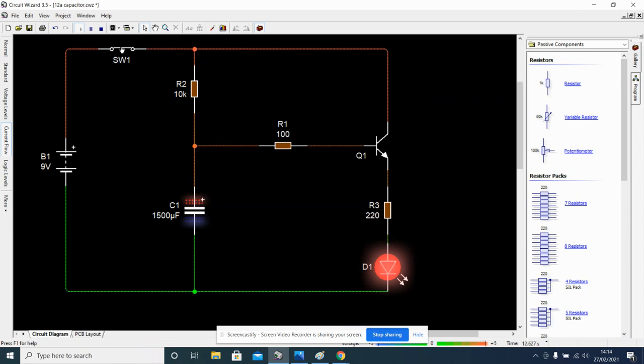Let's stop our circuit again, and we'll empty our capacitor completely and then run it again. And this time we'll watch our voltage, because remember the voltage has to be at a certain point for our transistor to switch on. So let's watch that now. So at around 2.5 volts there, our LED started to light up.